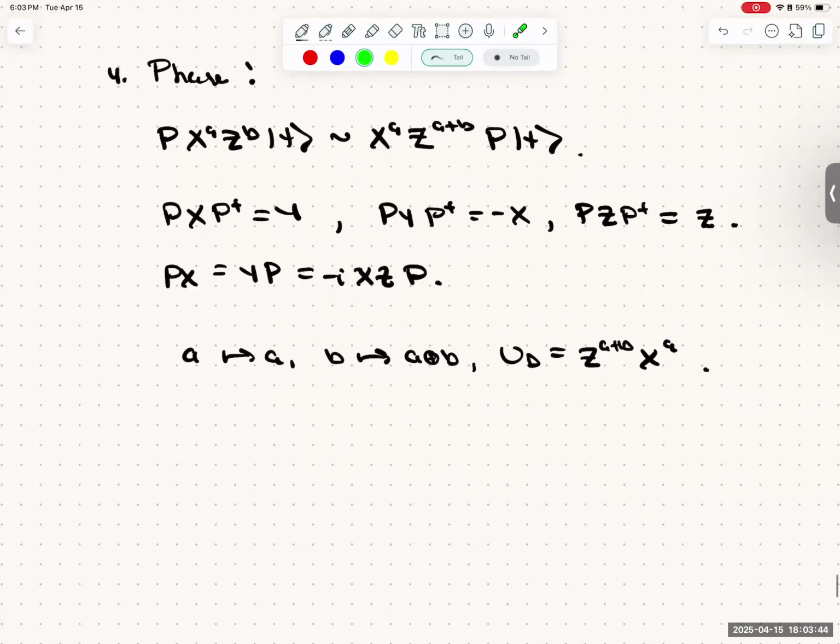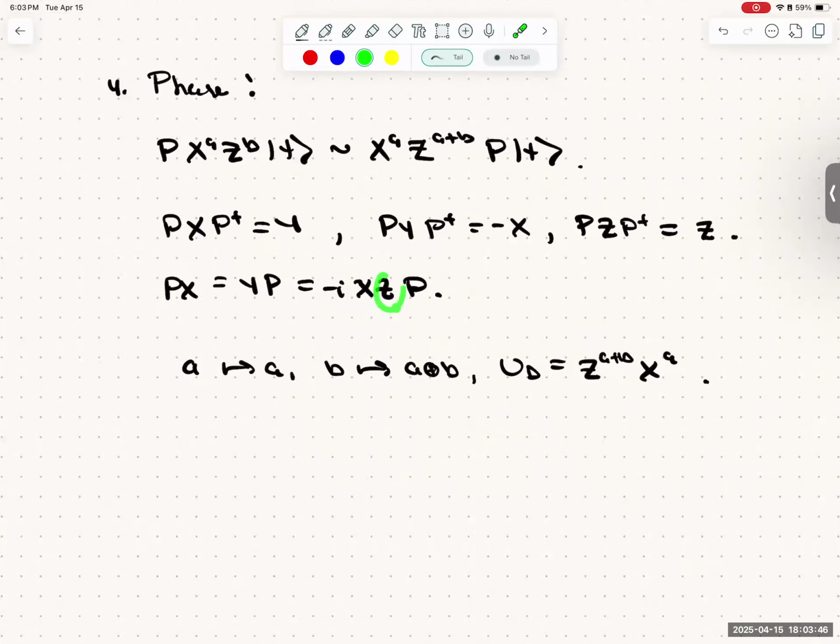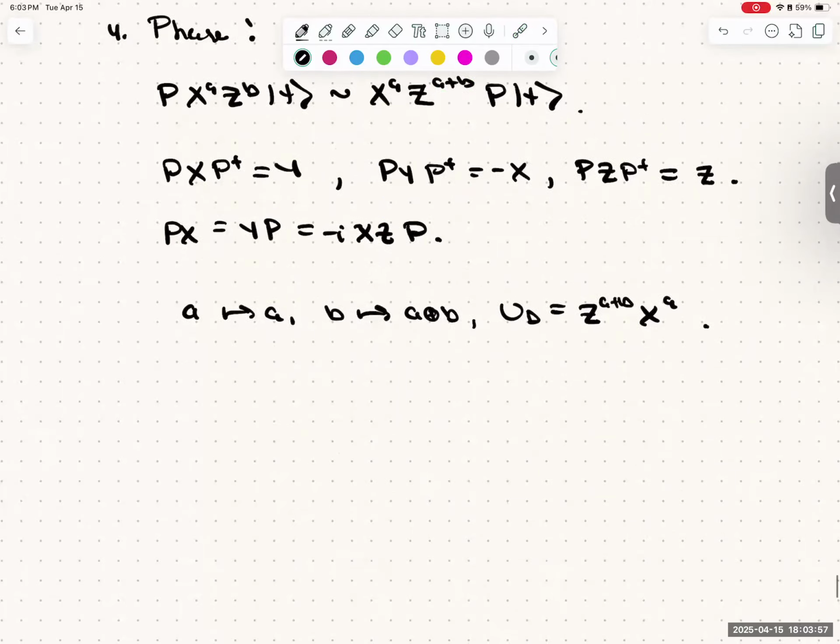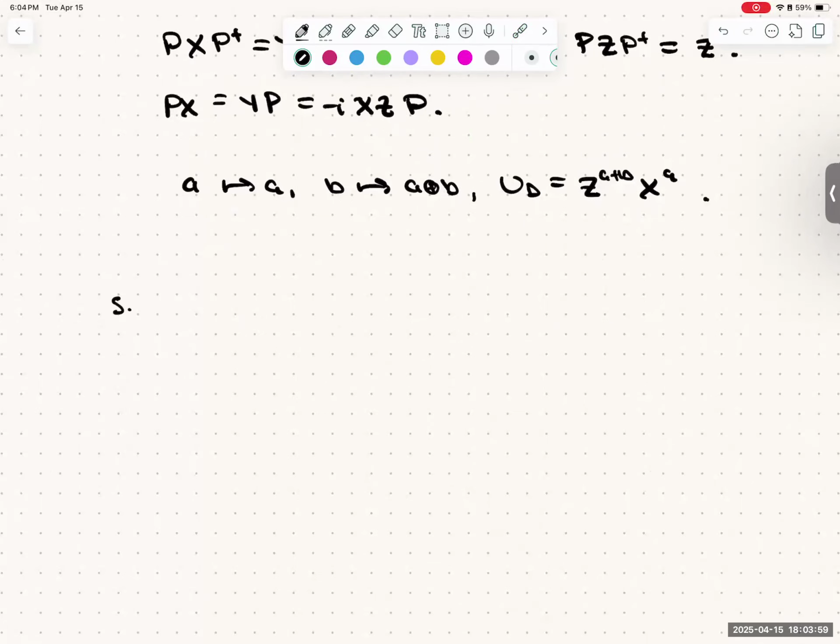But essentially, the idea is that you pick up an extra Z from this conjugation on X, and that's where this is coming from. Okay, so C naught.